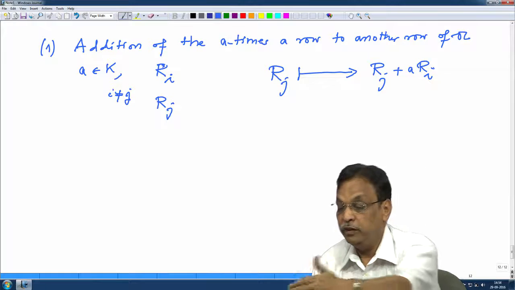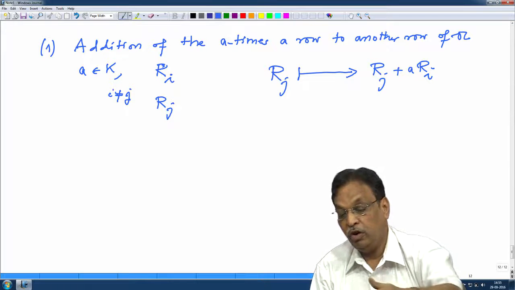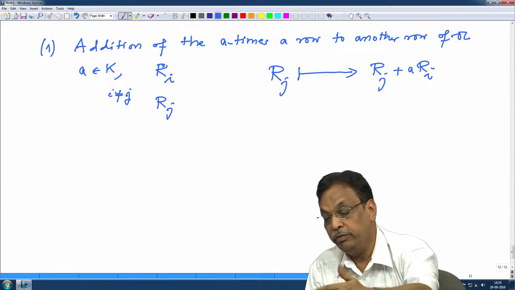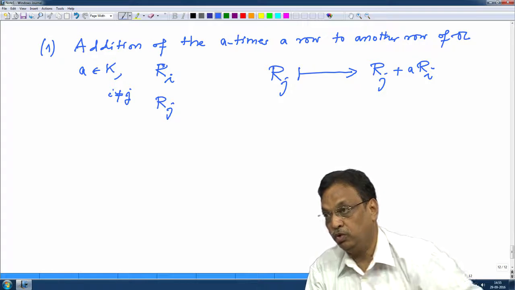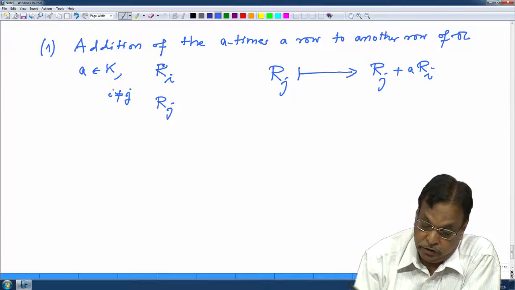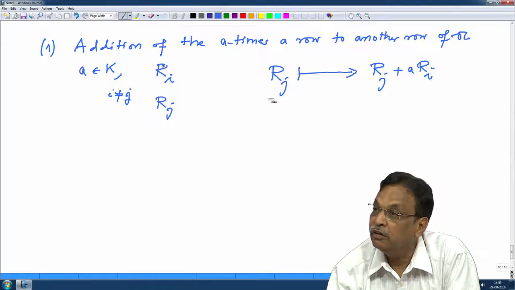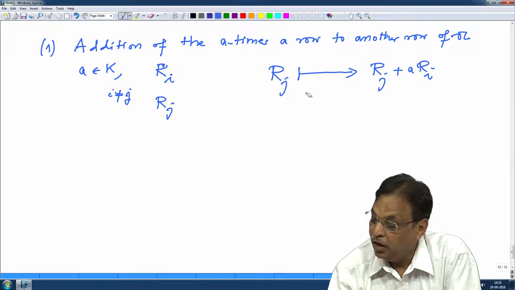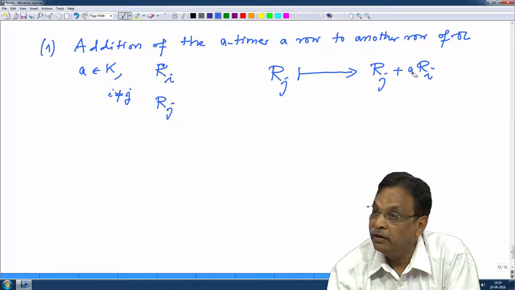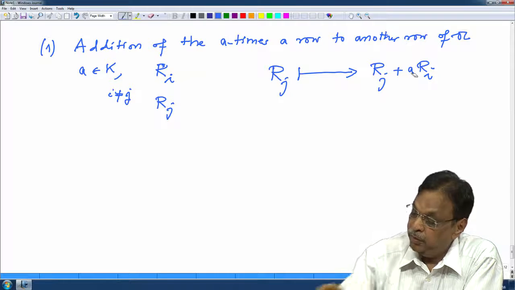So the new matrix A prime and A will have all rows equal, only the jth row will be replaced by this new jth row of A prime. This is one operation. And obviously here you see the row space is not changing, because R_j is replaced by this. So I can always recover R_j from this by using R_i. So in this case the rank of A prime is not changed.